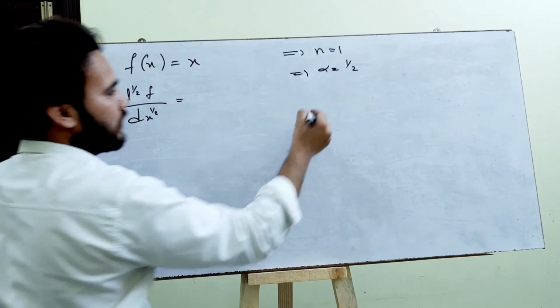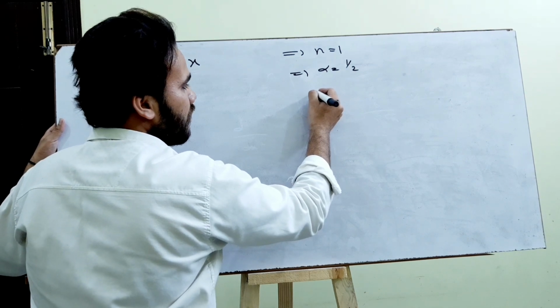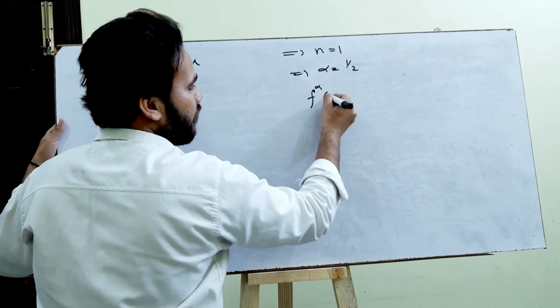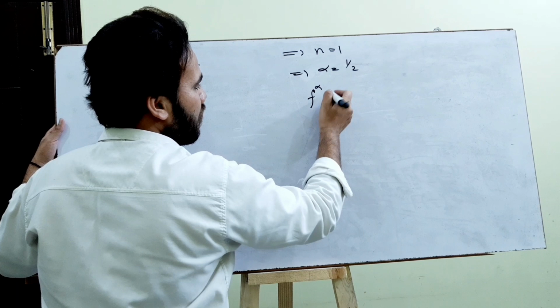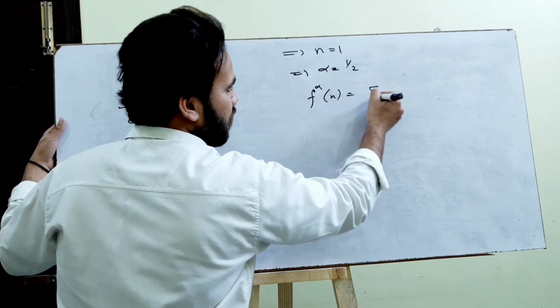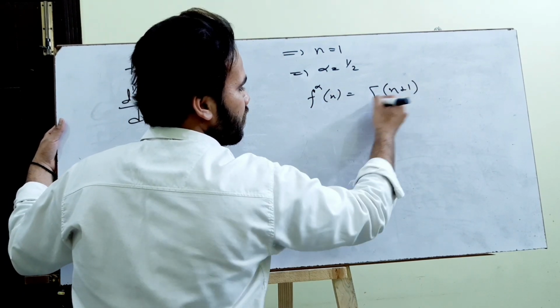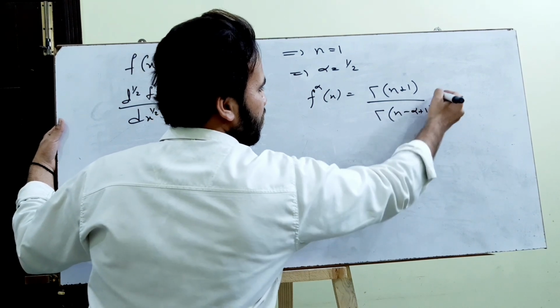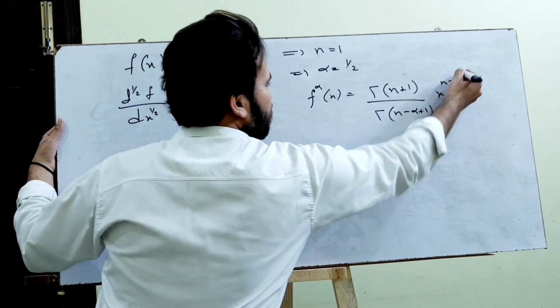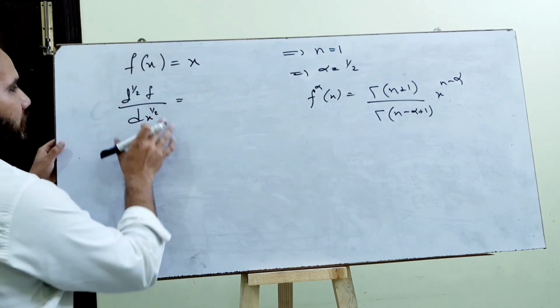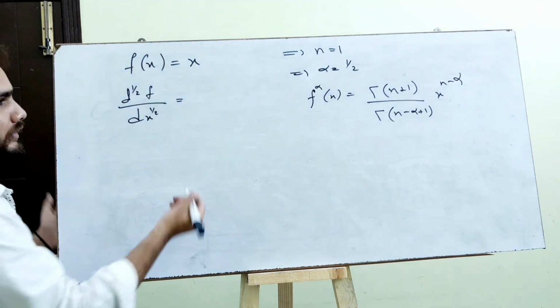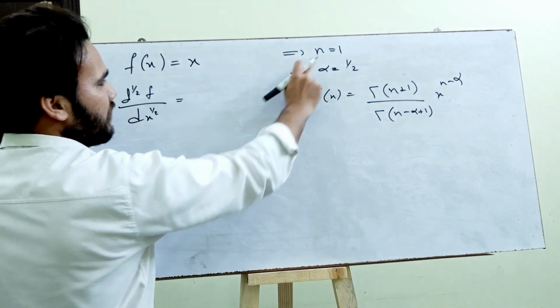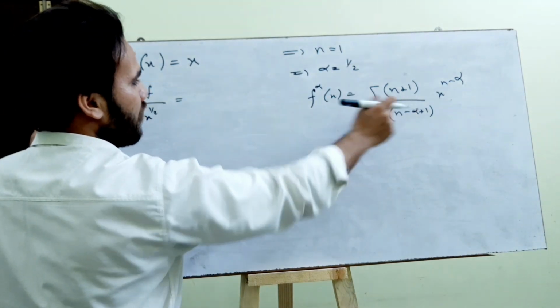Using the previous result, we have found that the alpha derivative of x^n is gamma of n plus 1 divided by gamma of n minus alpha plus 1, times x^(n-alpha). Using this result, we can find the half derivative of x. So here n equals 1 and alpha is 1/2.